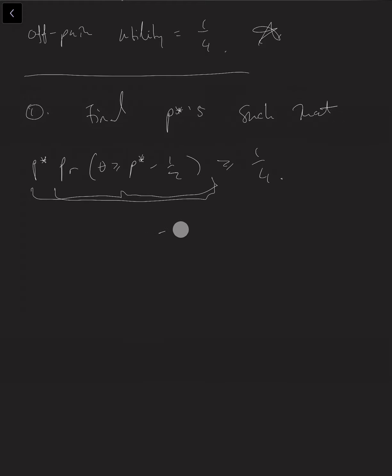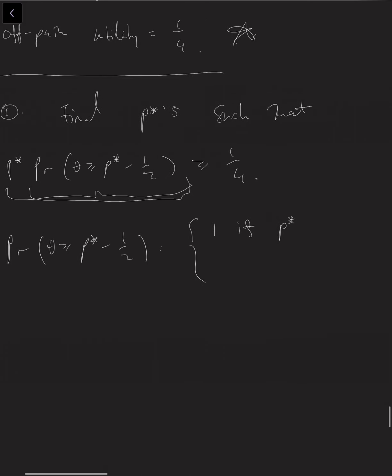We know that this expression is basically a CDF, and this is going to equal 1 if P star is less than or equal to half, and it will equal 3 over 2 subtract P star if P star is greater than half.